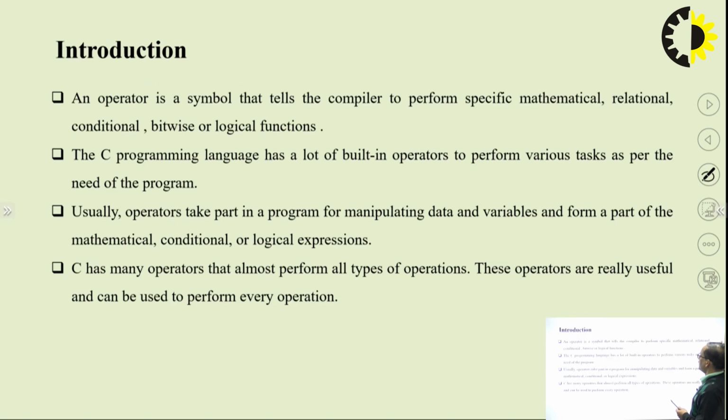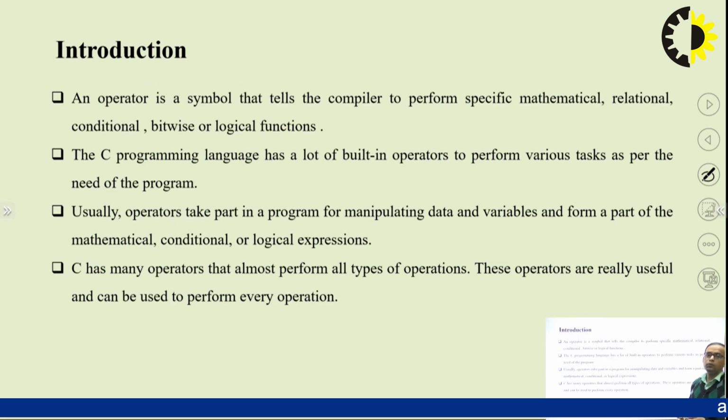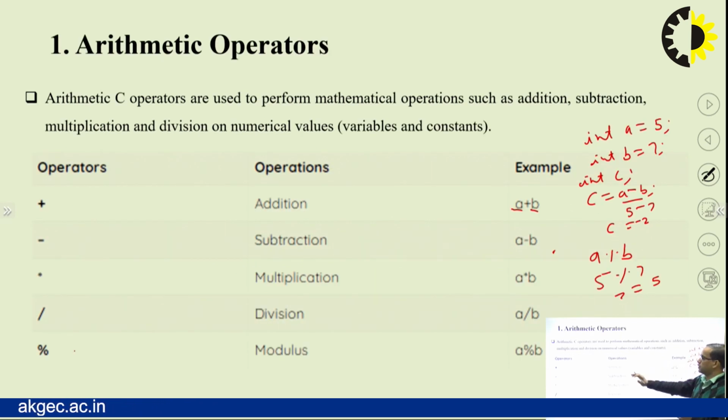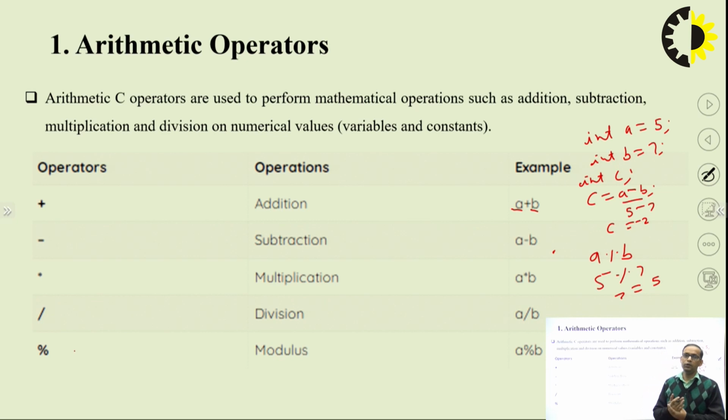These operators are used to perform several kinds of operations, as we have seen in this lecture, like how we can use arithmetic operators. The arithmetic operators are plus, minus, multiplication, division, and modulus, and we use them in programming to perform different kinds of computations.